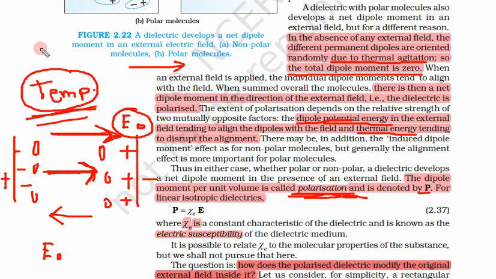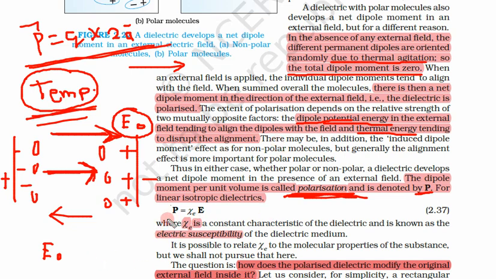You know that every dipole has a dipole moment, p equals q into 2a. But when we add up the dipole moment for so many molecules and take it per unit volume, that is called polarization and denoted by P.